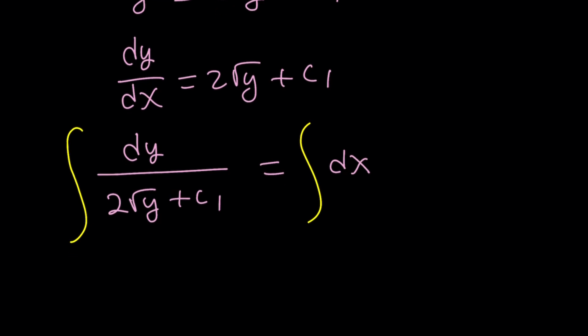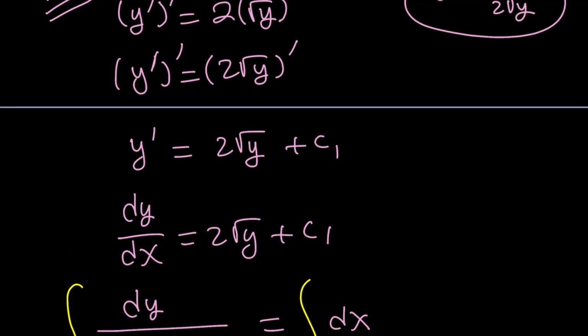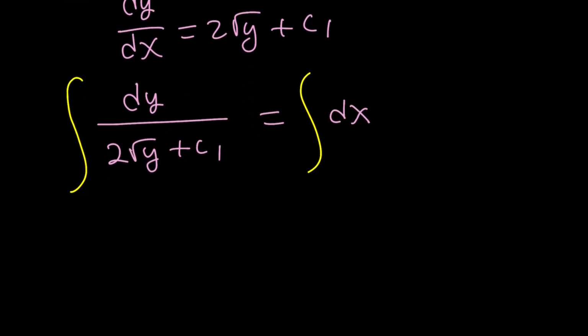We use integration twice, but here it's kind of easy because both sides are the derivative of something. Make sense? So you can basically just remove the derivative symbol or the prime. Here, we have to think differently because we have the integral of 1 over 2 times the square root of y plus a constant.